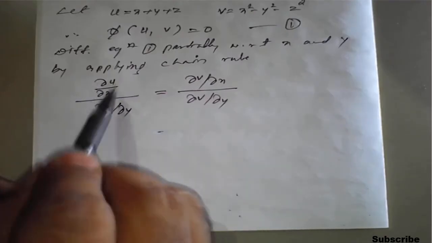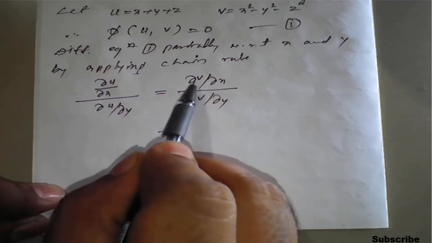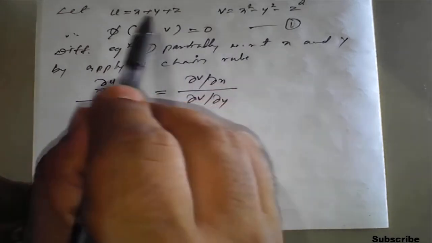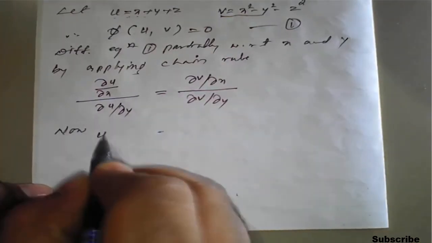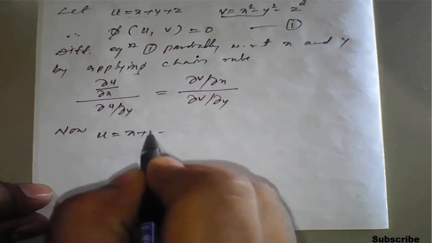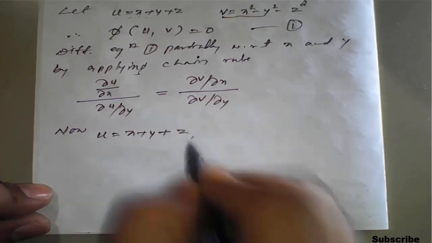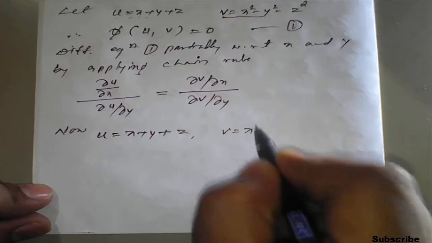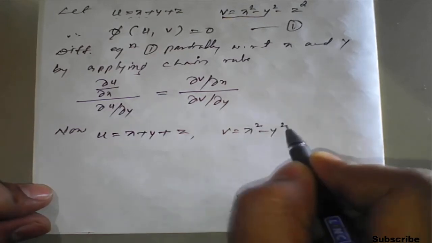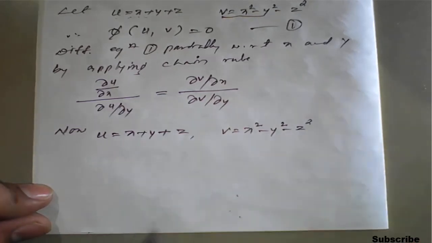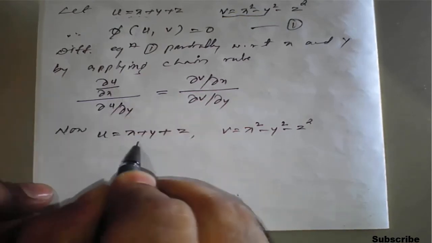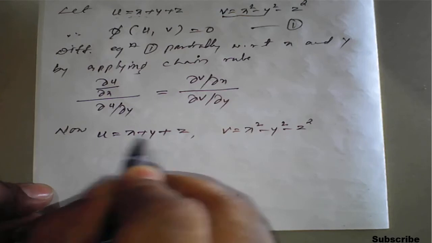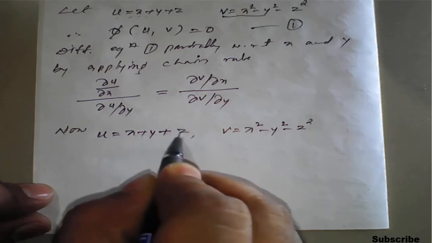Now you find the value of dou u by dou x, dou u by dou y, and dou v by dou x, dou v by dou y from this u value and v value. So now I will rewrite that value of u. U is equal to x plus y plus z, and v value is x square minus y square minus z square. So we'll find dou u by dou x, but remember here only x and y are variable, z is a function.